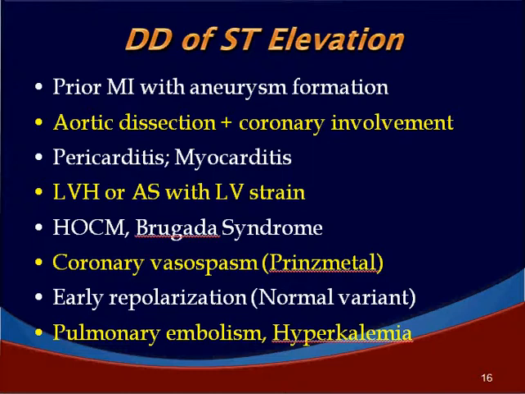So these are some of the conditions we need to keep in mind when we see a patient with ST segment elevation who does not fit into the diagnosis of acute coronary syndrome manifesting as ST segment elevation myocardial infarction. So these are important things that we need to understand and rule out before we say with certainty, okay, this patient has ST segment elevation myocardial infarction.